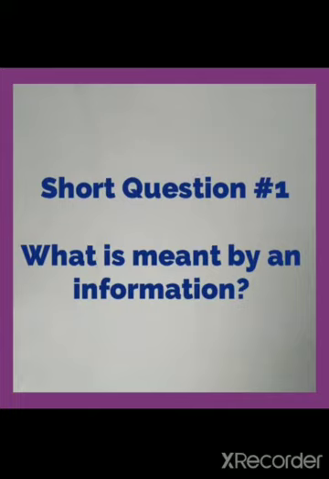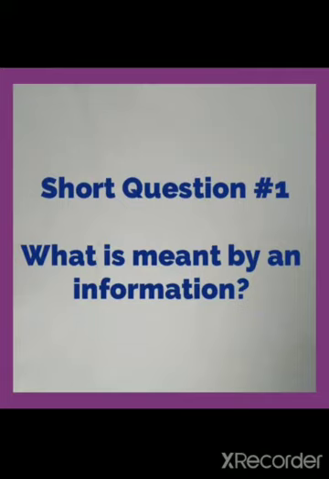For example, you want to know about your school. You got admission in a new school and you know nothing about it. So you want to know about that school. So what will you do? You will either communicate with someone about it, someone who is studying in the school or who is related to that school. You will communicate with him or her and you will get information or knowledge about that school, or you will search it on the internet.